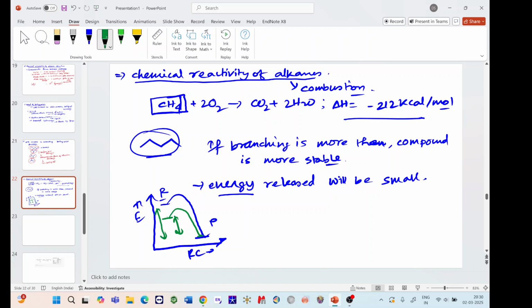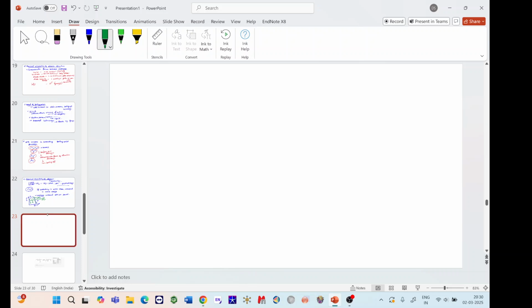So this is your normal chain, and this is your branched molecule. You can see that it is already stable, lower in energy. So the energy released from the reaction will be much less, like that. We'll discuss some more things and then we'll go to the question.